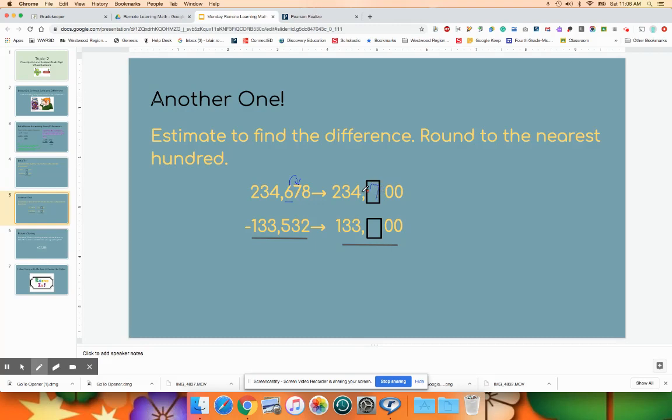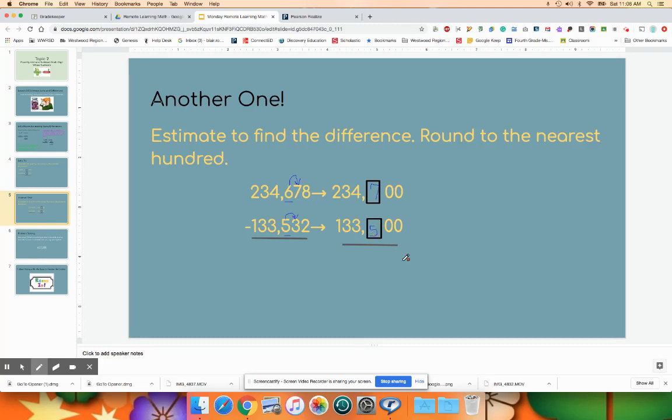Remember, everything before the rounding place stays the same, so that 234,000 stays. Everything after the rounding place becomes a 0. We're still rounding to the nearest hundred, so I underline the 5 in the hundreds place and I draw my arrow. What does the 3 do to the 5? Bump it up or leave it alone? It's going to leave it alone. So I put that there.